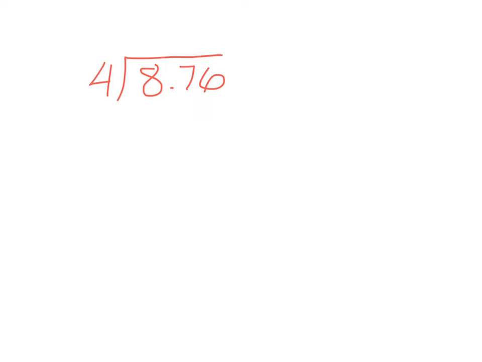Here's our next example. We have 8.76 divided by 4. So our first step is to bring this decimal straight up. So I put my decimal point there. And now I just divide like it's a typical problem. 4 goes into 8 2 times. 2 times 4 equals 8. And then I subtract. Bring down. 4 goes into 7 1 time.